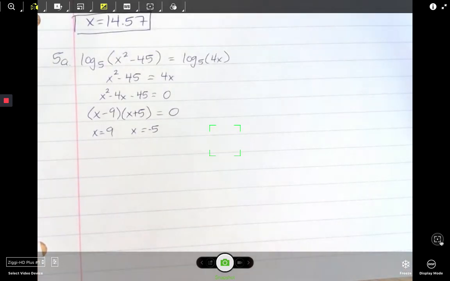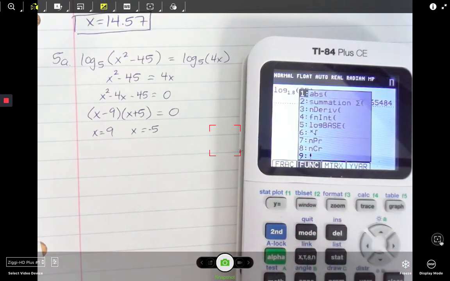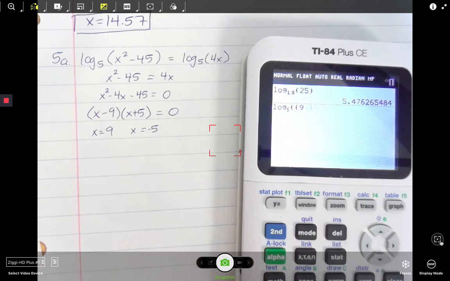Well, now we have to make sure they're not extraneous. We have to make sure they both work. So alpha window 5, I'm going to plug in 9 here. So 9 squared minus 45 should equal 4 times 9. And it does.